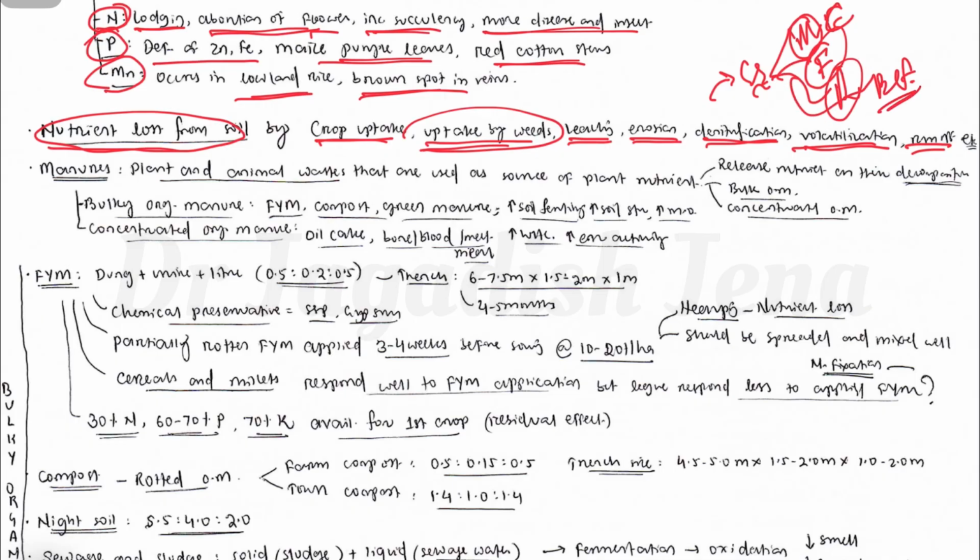So these are the different external nutrient sources we apply to supplement the nutrient deficiency caused by different means like crop uptake, weed uptake, erosion, leaching, denitrification, and volatilization. We'll discuss all these external sources of nutrients in our coming classes.